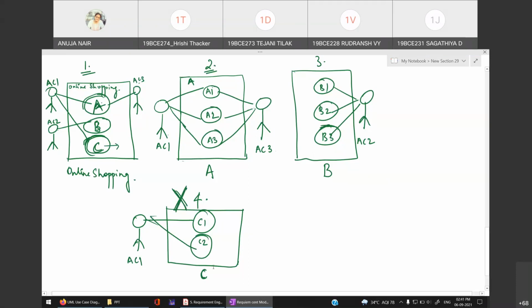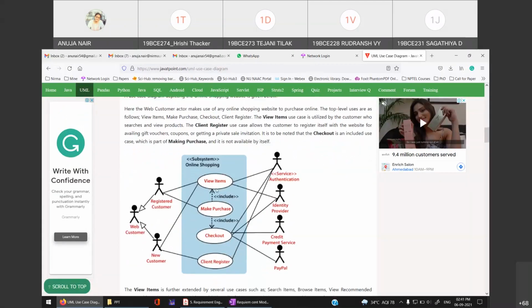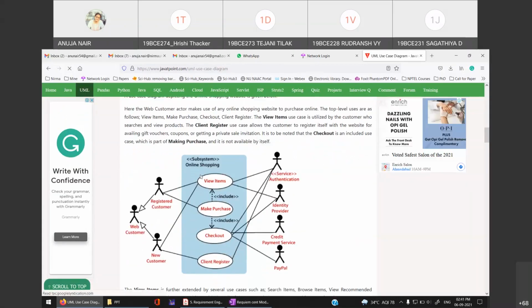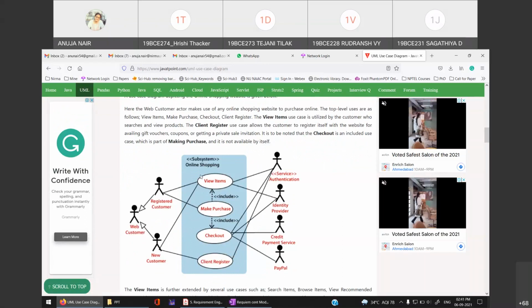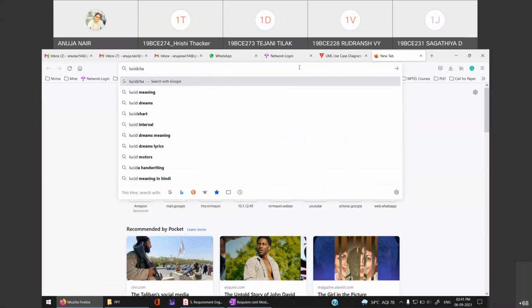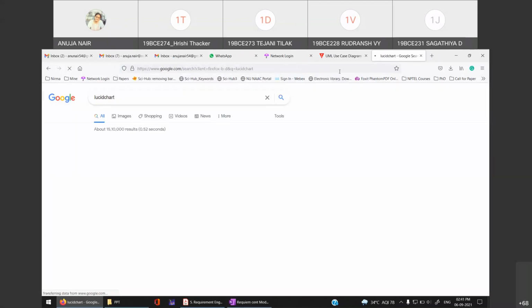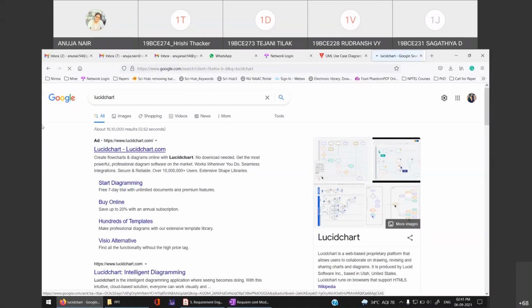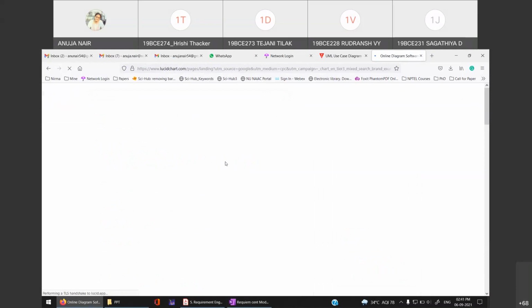Okay, if I go back to my diagram, you will see over here. So Harshil, you have to create these diagrams on online software. Its name is Lucidchart. So when you open this Lucidchart, it is an online diagram software.